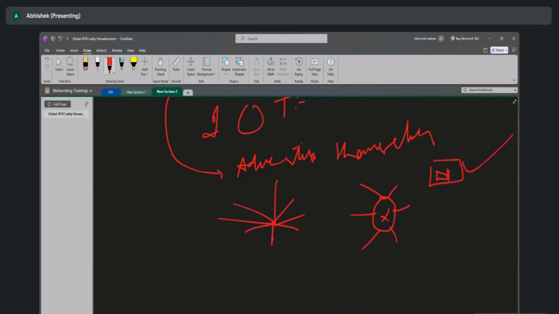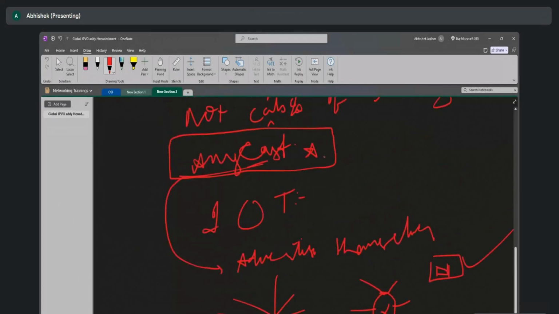That's just a small example of what anycasting is capable of. This functionality is not available in IPv4, so IPv4 is not at all capable of doing this.